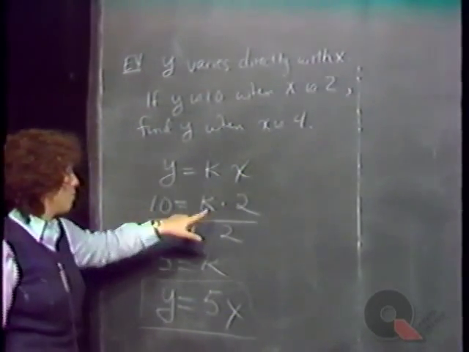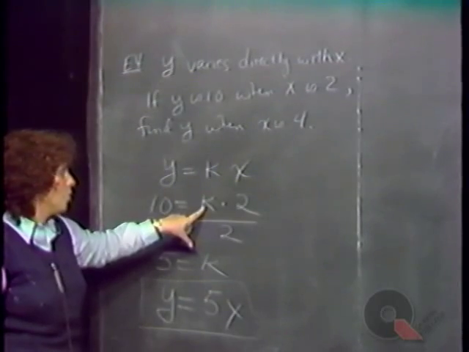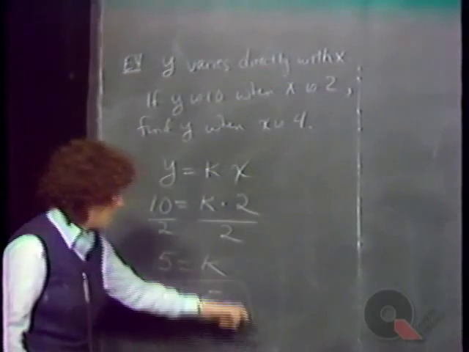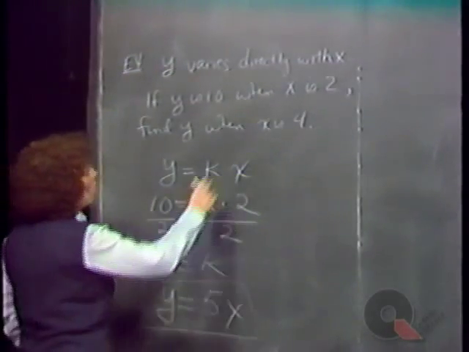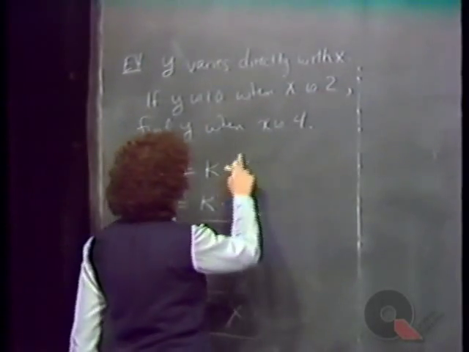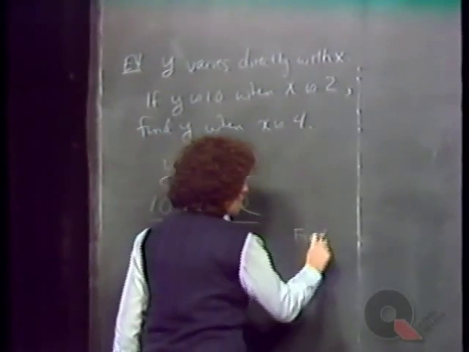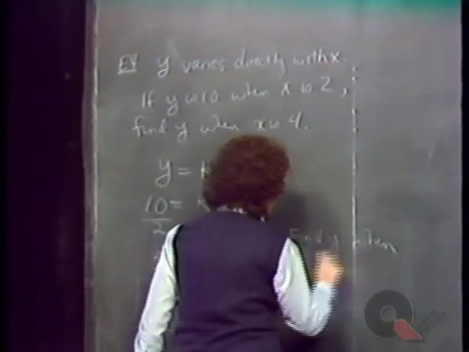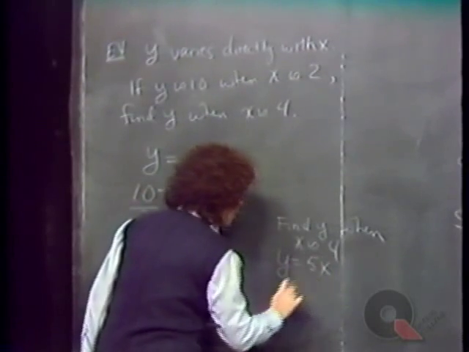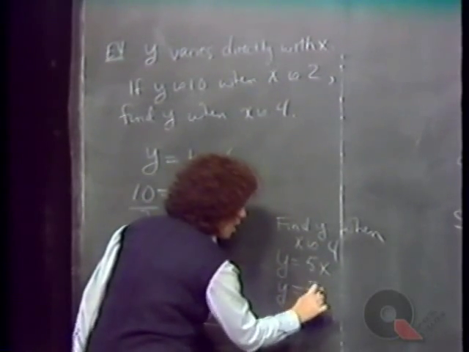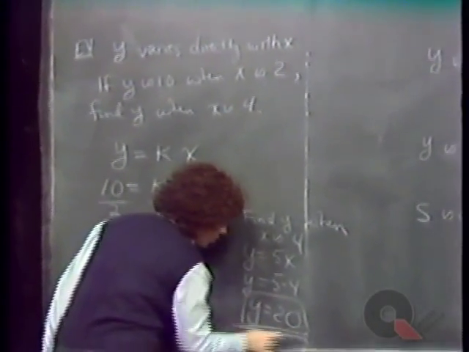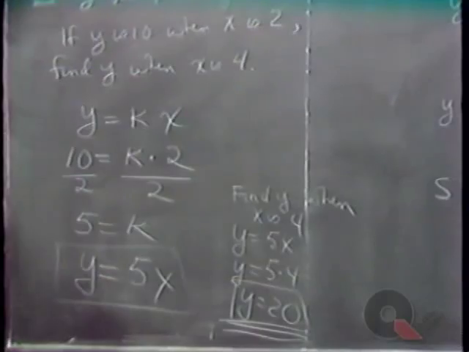We substitute in and figure out k, which actually corresponds to the slope of this line. In this case, k is 5. We now have an equation of a line, and we want to figure out a y value knowing an x value. So find y when x is 4. y is 5x, so y is going to be 5 times 4. y is equal to 20. That is the answer to the problem.